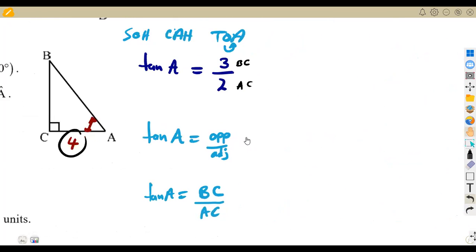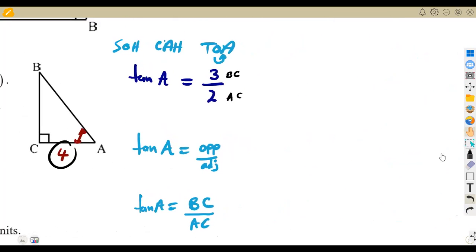Because this one was reduced, the tan of A is supposed to be a certain number, but here it's 3/2. It means we had a certain value over a certain value, then we reduced that and got 3/2.